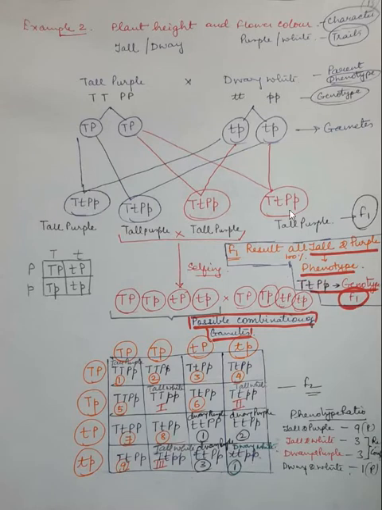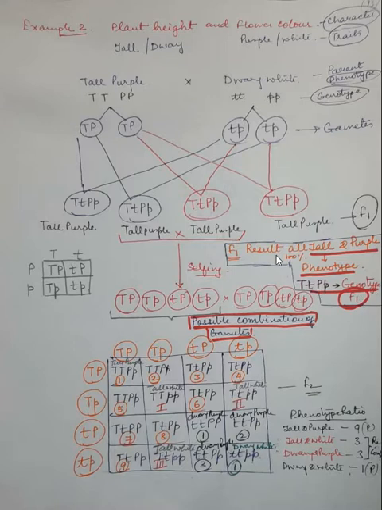Okay, so these four offspring will all have this similar kind of genotype, capital T small t, capital P small p, all four, you can say. So the result of the F1 generation: phenotype 100% tall and purple, heterozygous condition, and genotype capital T small t, capital P small p. I hope it is clear, because this question is asked in your board exam.